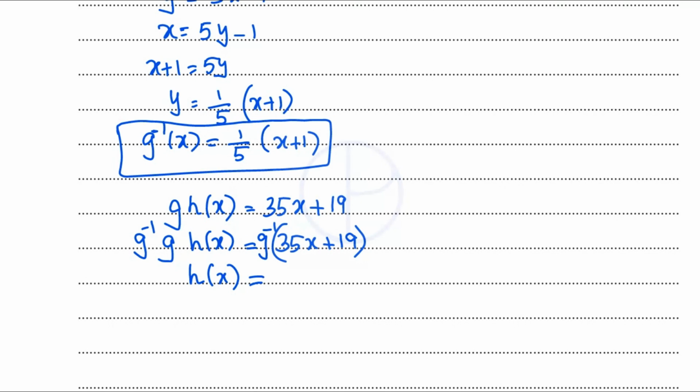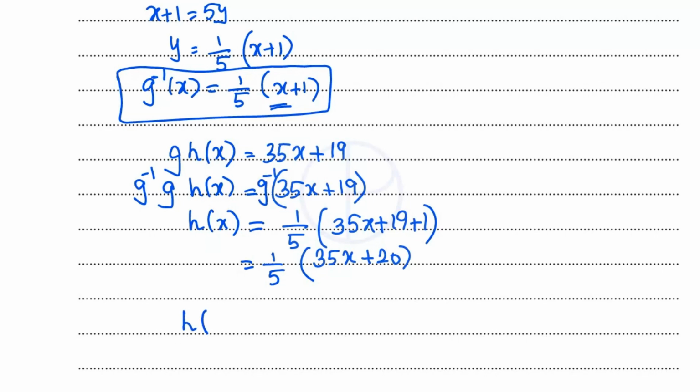So 1 over 5, here replace x by 35x plus 19, plus 1. Which is equal to 1 over 5 multiplied by (35x plus 20).